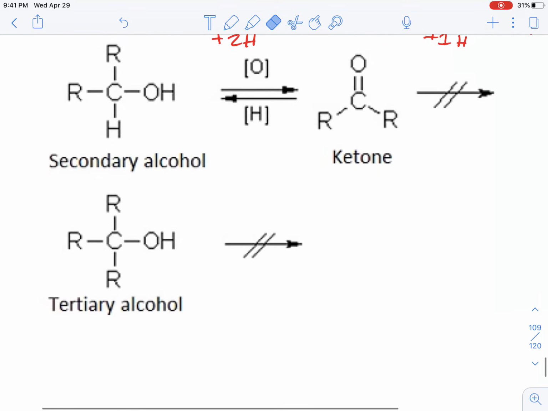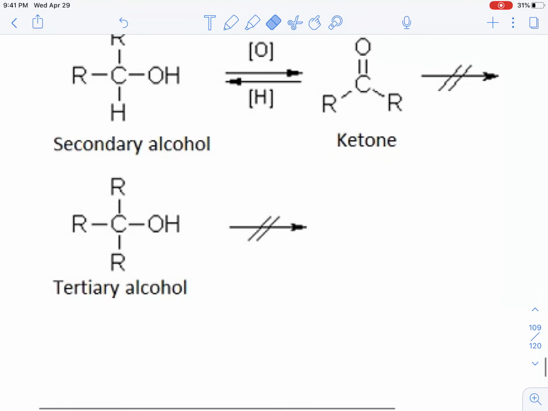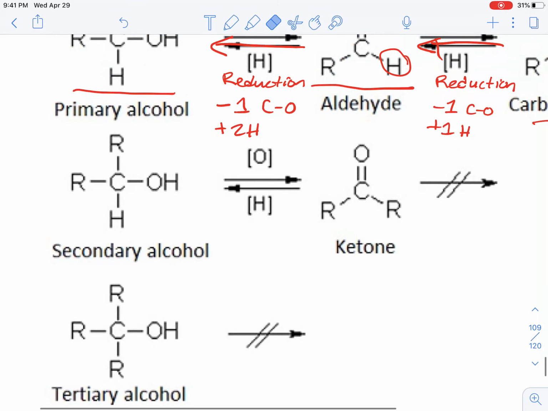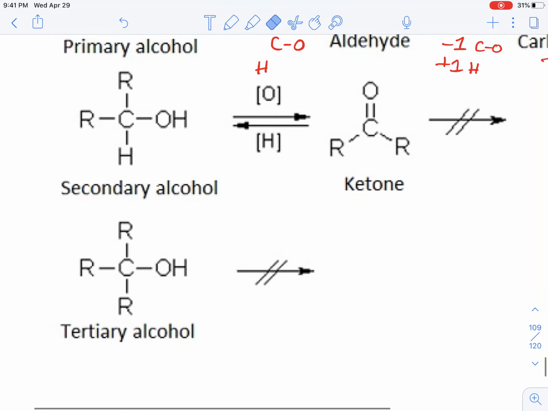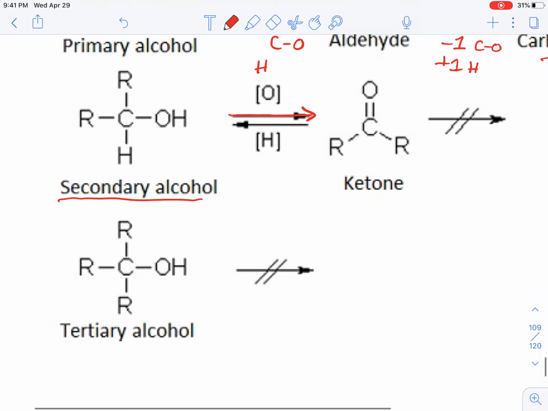So if we look at a secondary alcohol, I'm going to erase this part. If we focus specifically on the secondary alcohol and go in the forward direction, which is oxidation, and compare these structures before and after, you will see that two hydrogens are lost.